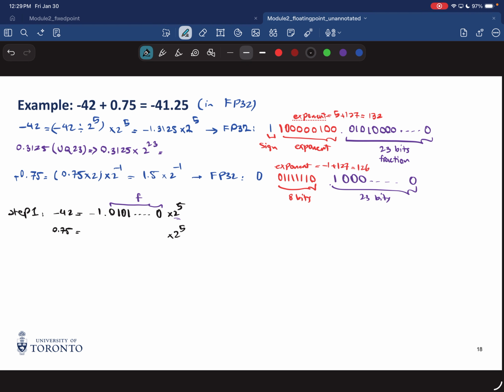So it's going to shift right. Before it was 1.1, don't forget the implied one, but now it's going to be 0, 0, 0, 0, 4, right? Or 5? 5. Yes, 5.